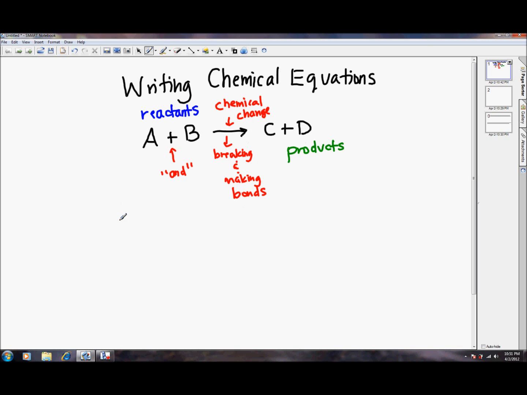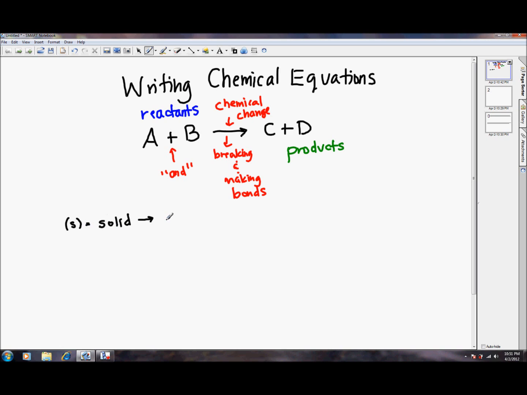Now, the next important thing to know is that each reactant and each product has to be assigned one of four states of matter. The first state of matter, symbolized by lowercase s in parentheses, is solid.